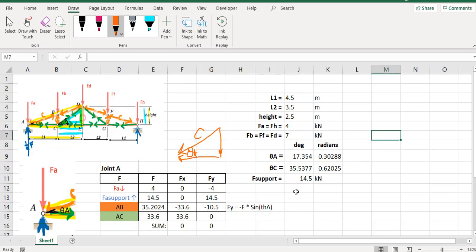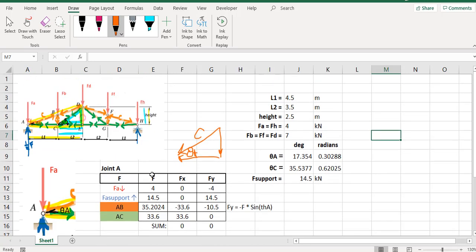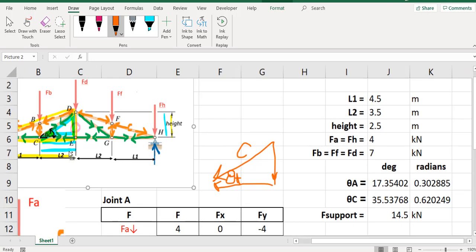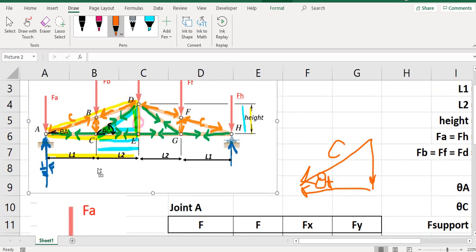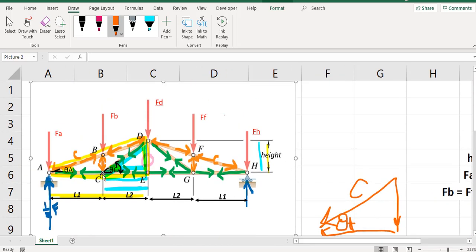Let's go ahead and copy a table down, and what joint should we do next? So if I zoom in on this, if I look at joint C, I don't know BC and I don't know CD. There's three things coming off of here.